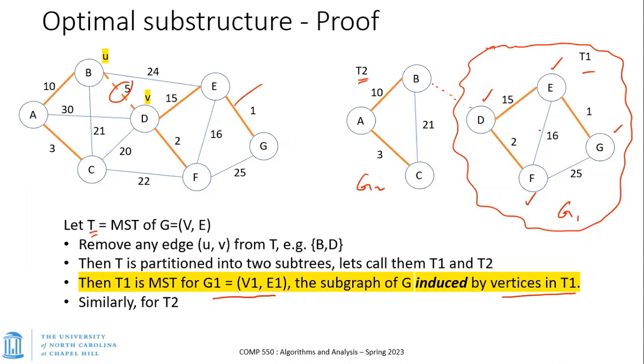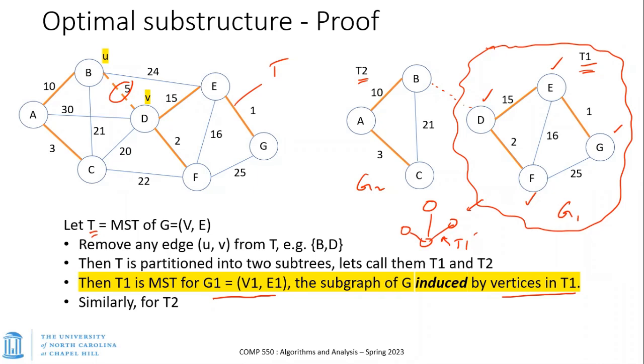So the question is, can you have another tree? Let's say we redraw this and you have these 4 nodes, and let's say that here is a spanning tree, T1 prime. This is the original T1, which was part of T, and now we're forming an alternative T1 prime. And we're saying, well, maybe T1 prime is actually the real MST and T1 isn't.